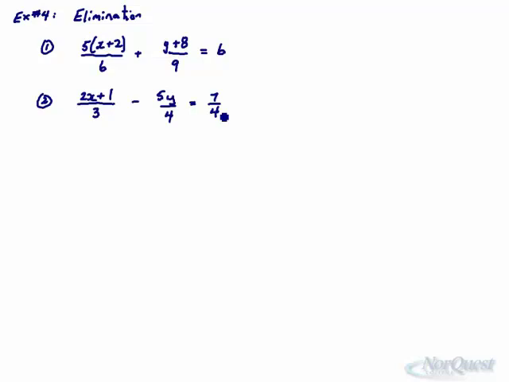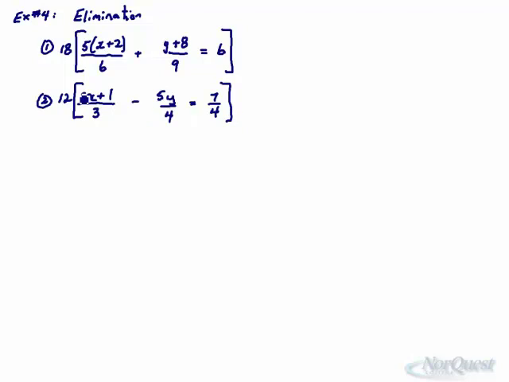So what I'm going to do with equation 1 is get rid of the fractions, first of all by multiplying by the lowest common denominator. Now the number that both 6 and 9 go into, the lowest one, is 18. When I look at equation 2, the lowest common denominator that 3 and 4 go into is 12.